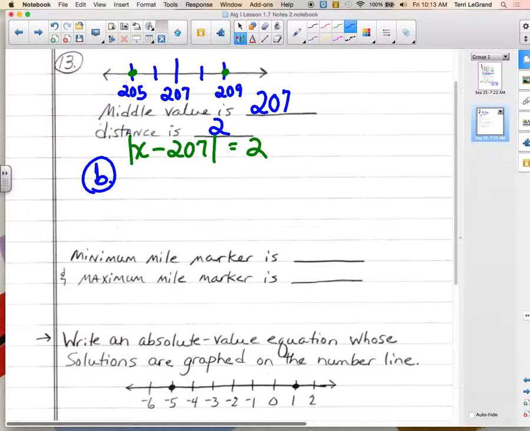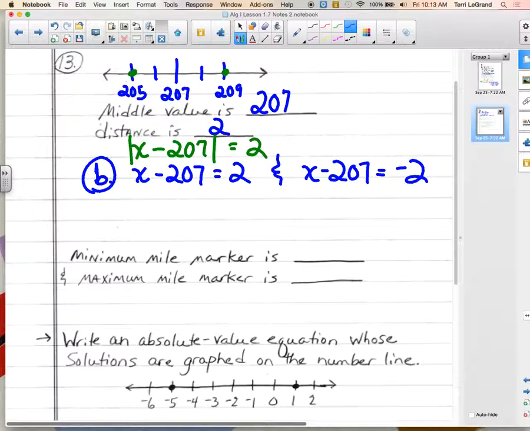It's set equal to a positive number, so there'll be 2 cases. X take away 207 equals 2, and X take away 207 equals negative 2. So notice what's happening here. It says we're going to go 2 in the positive direction from the middle, and we're going to go 2 in the negative direction from the middle, and that should help us get our answers.